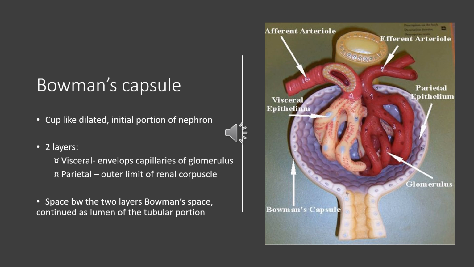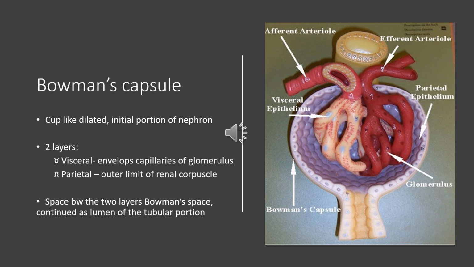So this visceral layer is in close contact with the glomerular capillaries, enveloping them, and the parietal layer forms the outer limit of the renal corpuscle, which gets continued as the walls of the tubular portion of the nephron.